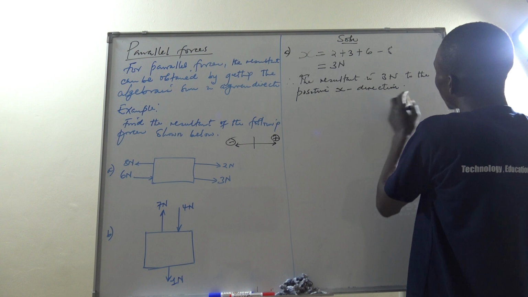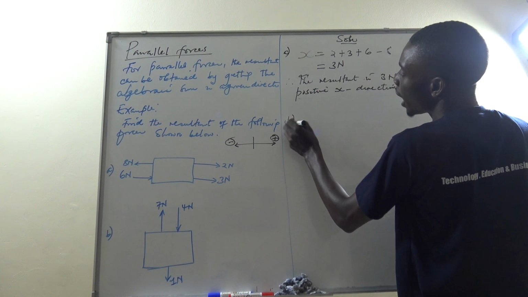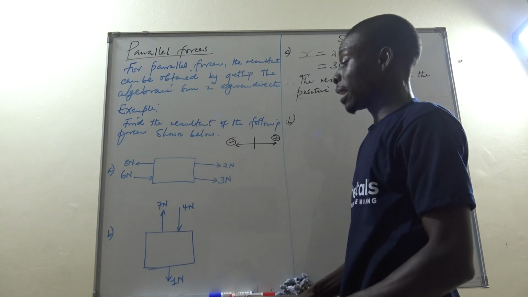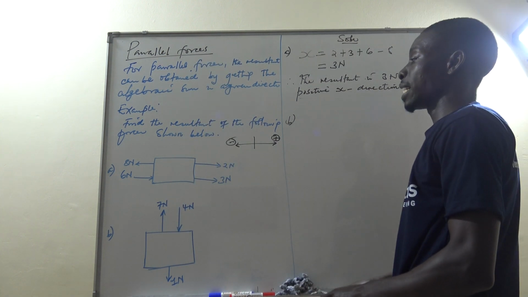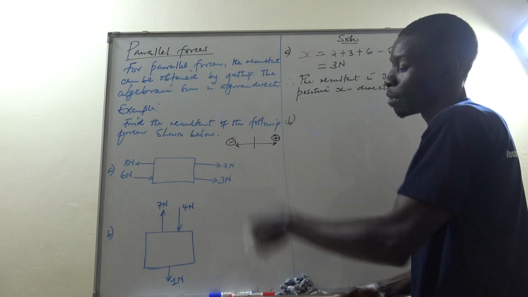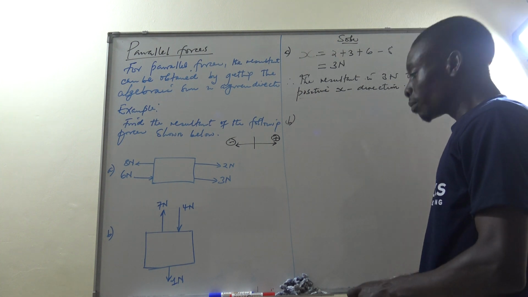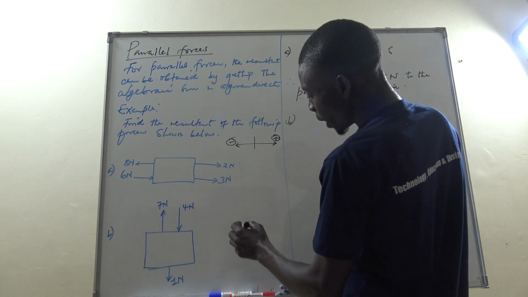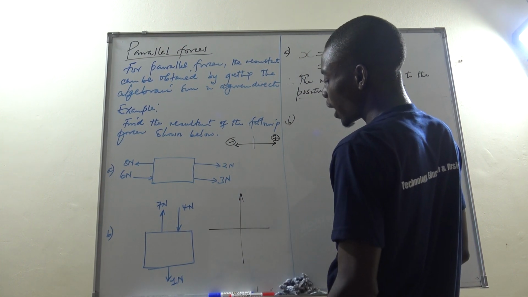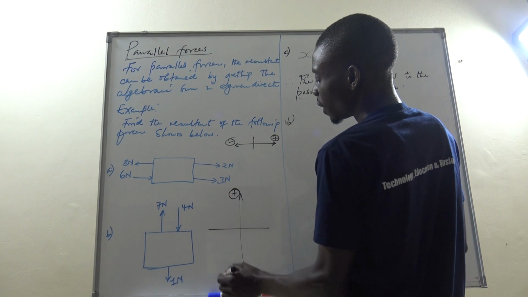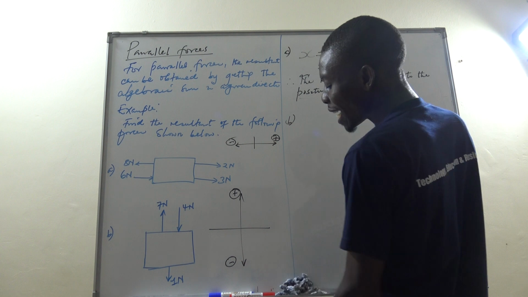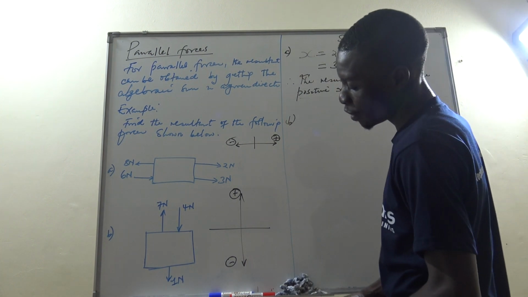And then after solving that, we can also look at how to analyze this kind of problem here. Still a parallel force, but this is parallel in a way that it is in the vertical direction. All of them are in the vertical direction. We are also aware that for the vertical direction, we have positive and also negative.